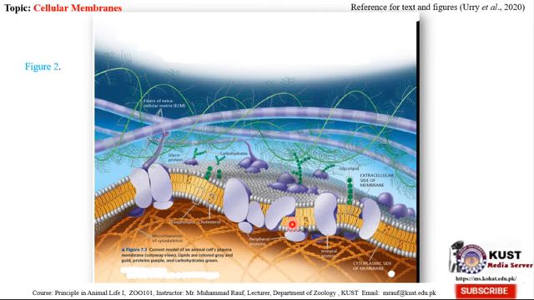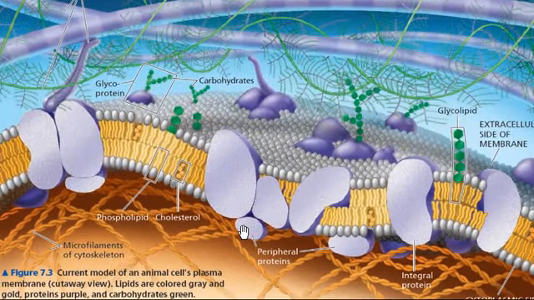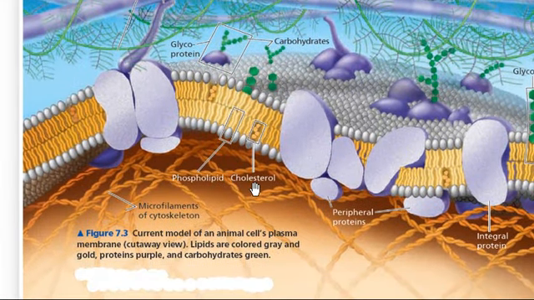So here is a diagrammatic representation of the plasma membrane. You can see it is a lipid bilayer, that is, two layers of phospholipids, oriented in such a way that their heads, the hydrophilic portions, face the aqueous environment both outside and inside the cell, and their hydrophobic portions, the fatty acid tails, are oriented on the inside, away from water.